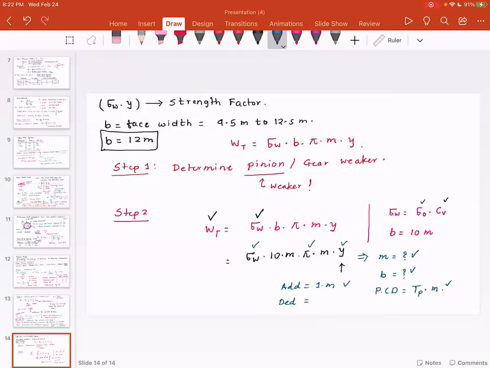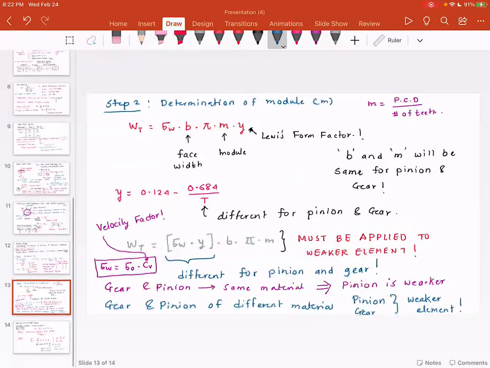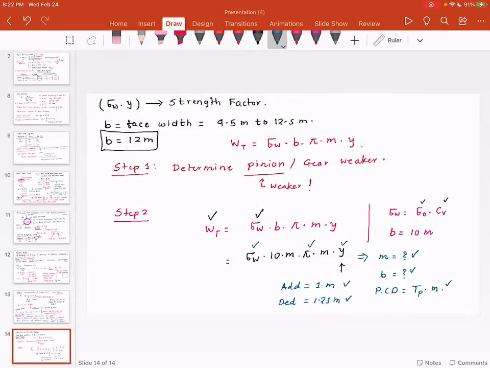Dedendum is module plus clearance, typically 1.25 times module. This is known. So which means at this stage, your preliminary gear design is done. So at this stage, preliminary gear dimensions are known.